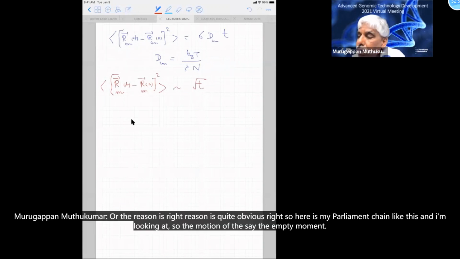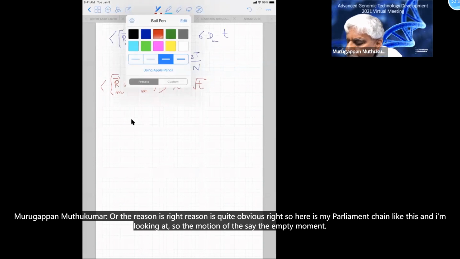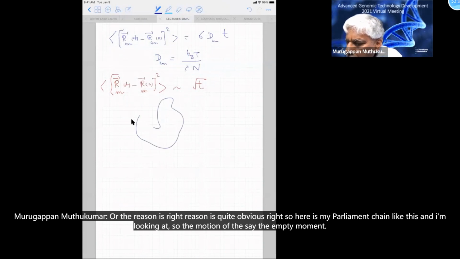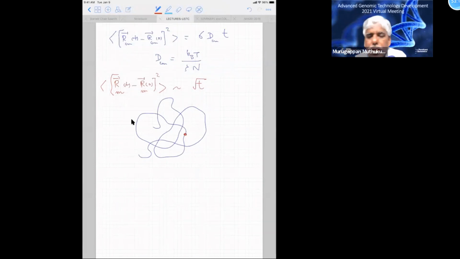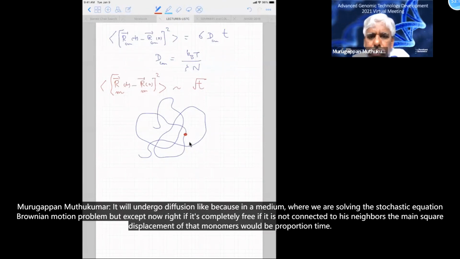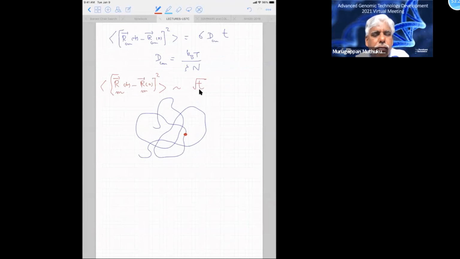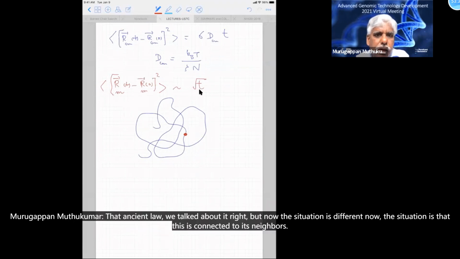And the reason is quite obvious, right? So here is my polymer chain, like this, and I'm looking at the motion of, say, the mth monomer. It'll undergo diffusion because we are solving the stochastic equation, a Brownian motion problem, in a medium. But if it is completely free, not connected to its neighbors, the mean square displacement of that monomer would be proportional to time. That's Einstein's law. We talked about it, right?